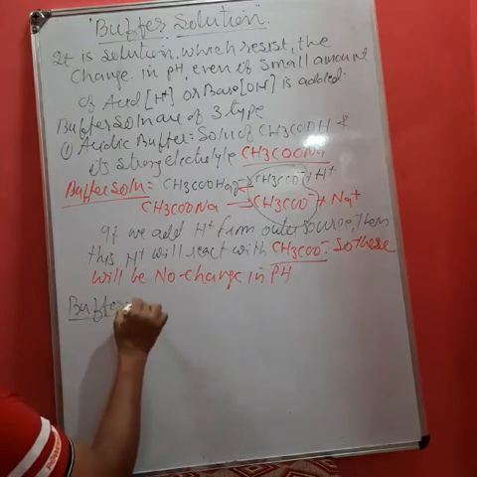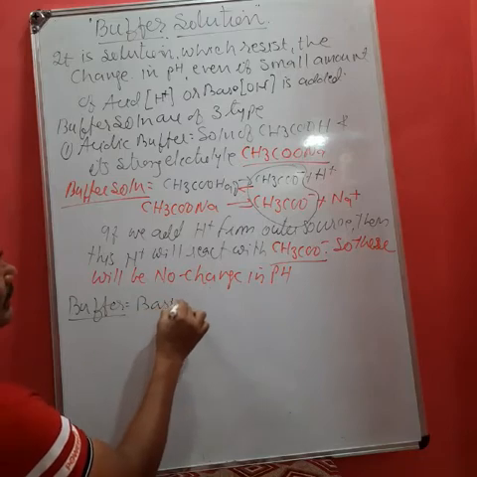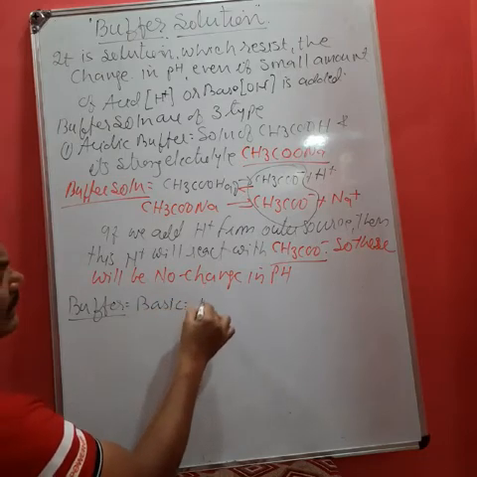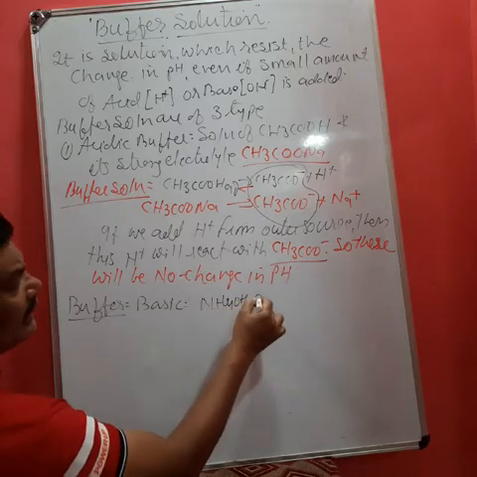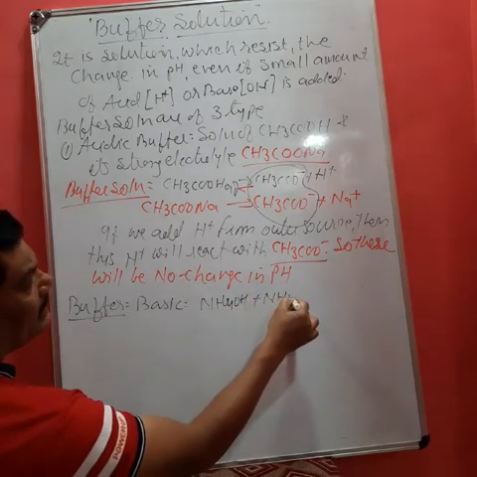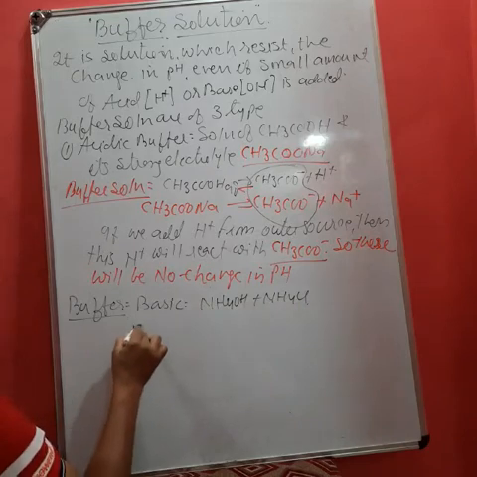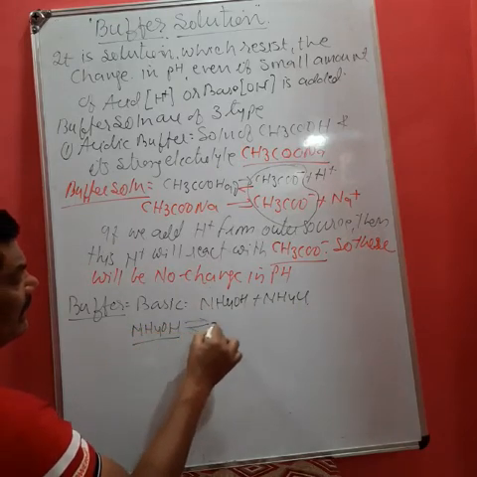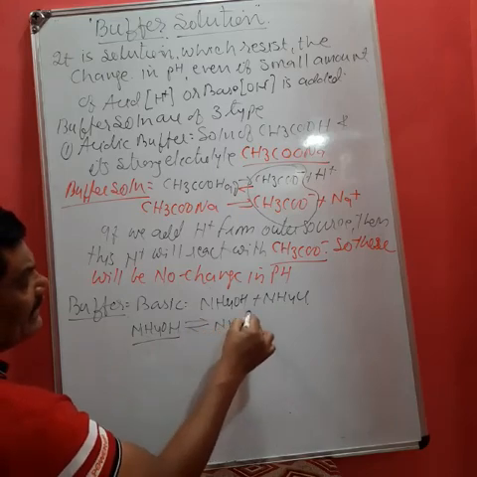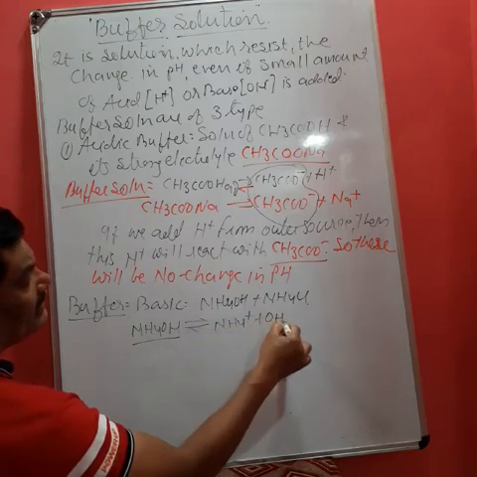Similarly, student, we have one more type of buffer solution, called basic buffer. What is this basic buffer? If we mix NH4OH with NH4Cl. Now, NH4OH is a weak base, so it will ionize to produce NH4 cation plus OH anion.